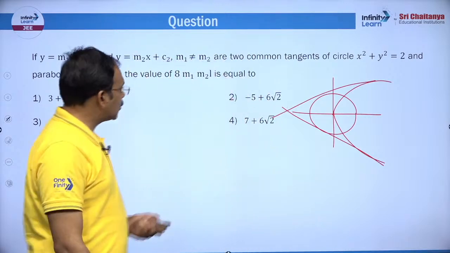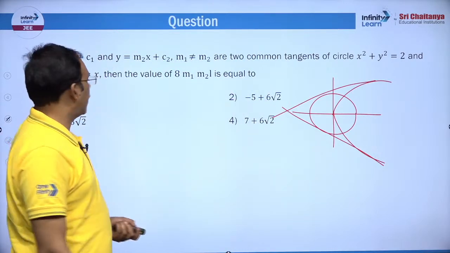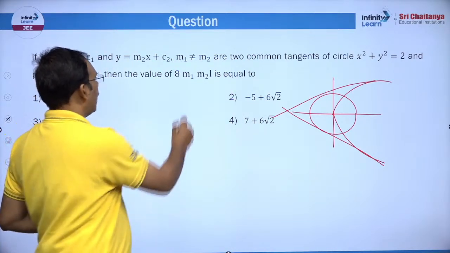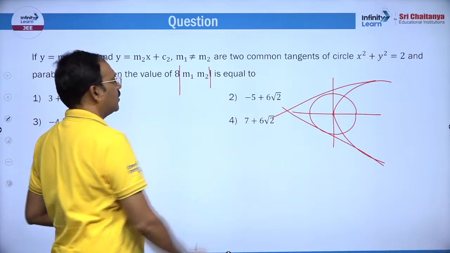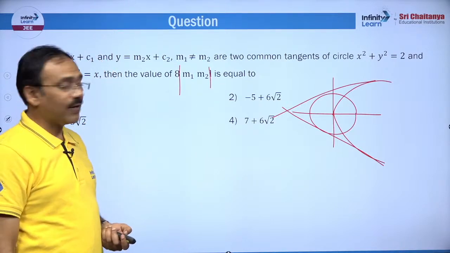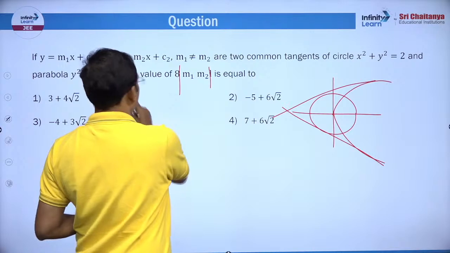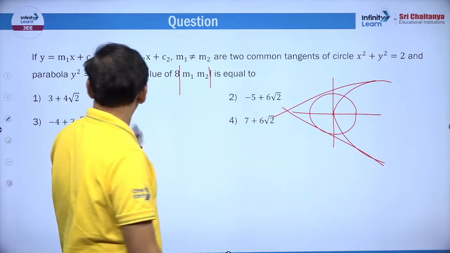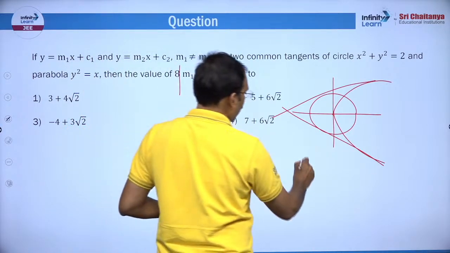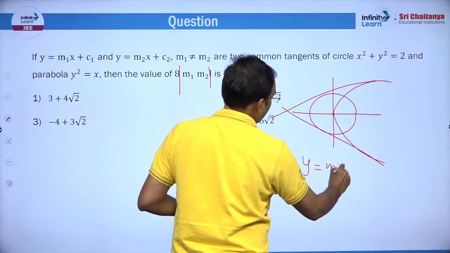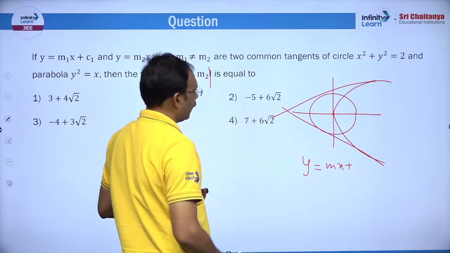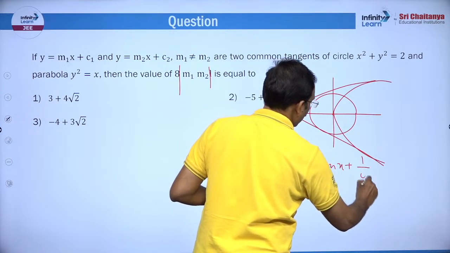Okay. So, their slopes are m1, m2, we need 8 into modulus of m1 into m2 is the question. For that, what we need to take is try to take tangent of the parabola y is equal to mx plus a by m, 1 by m.